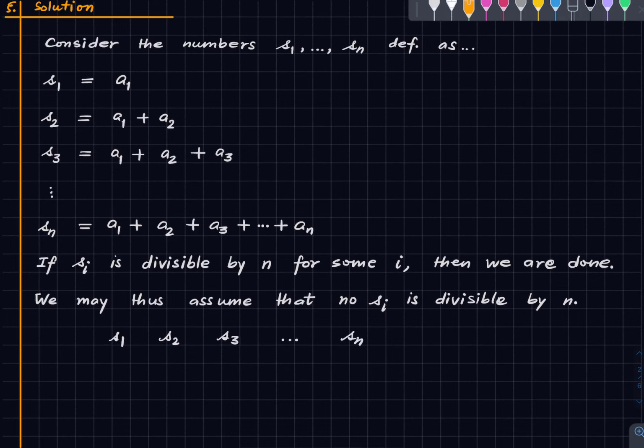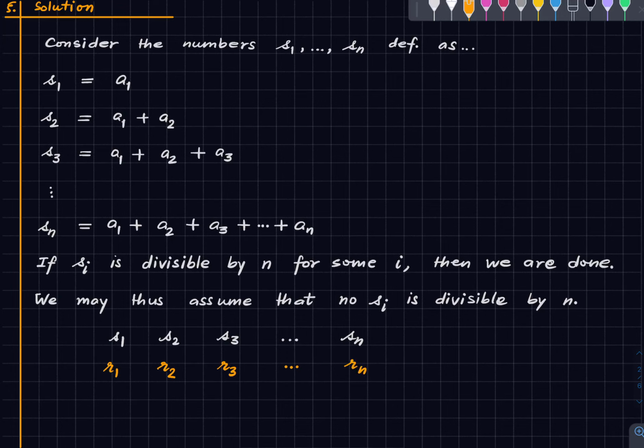And what we are going to do is record the remainders of each of them when divided by n. So let's say R1 is the remainder that S1 leaves when you divide it by n. R2 is what we get for S2. R3 is what we get for S3, and so on up to Rn.